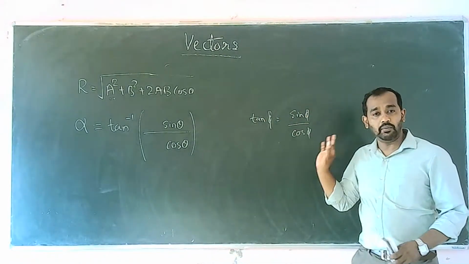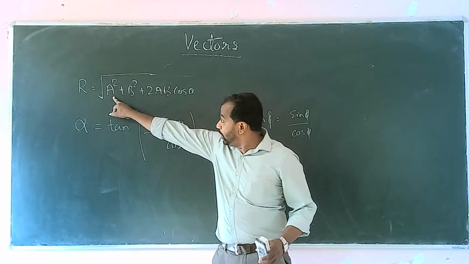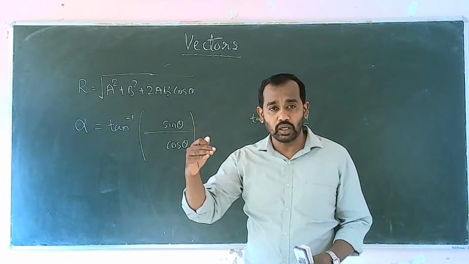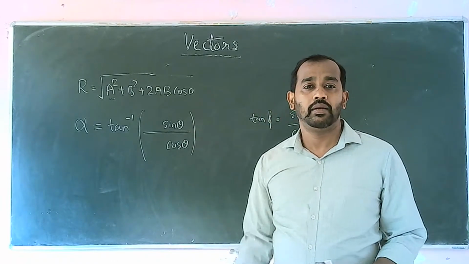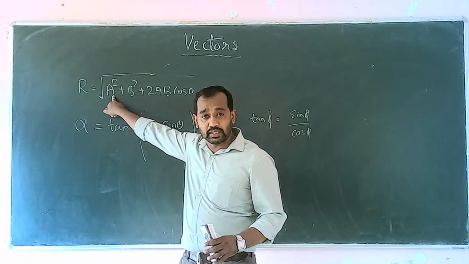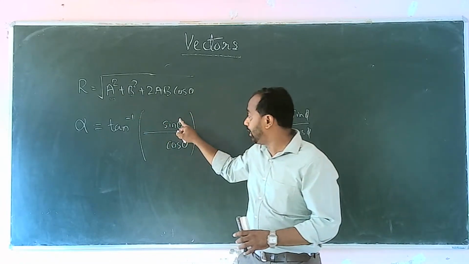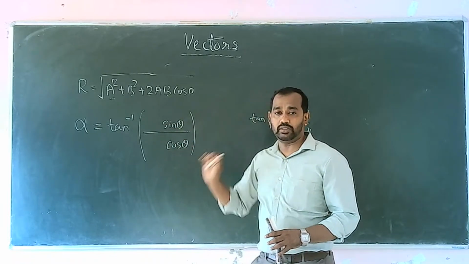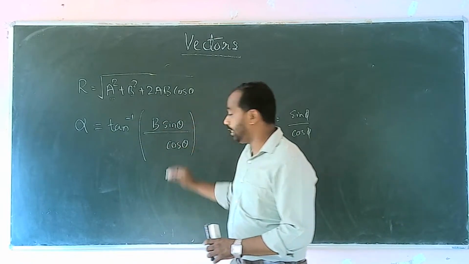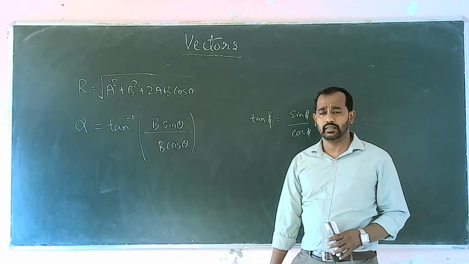But here, between A and B, we use the vector which is not the reference vector. That means if we take A as the reference vector, then we choose B, and it should be multiplied with both sin theta and cos theta. It will be represented as B sin theta divided by B cos theta. They will not cancel each other.